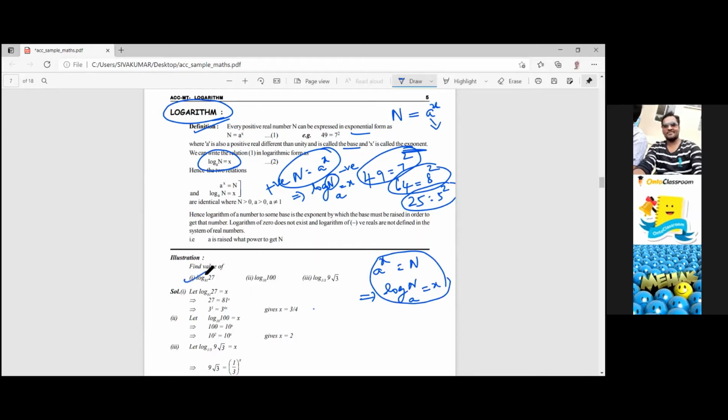If you see some examples here, we have log 27 base 81. So how do you find the value of this, they are asking.